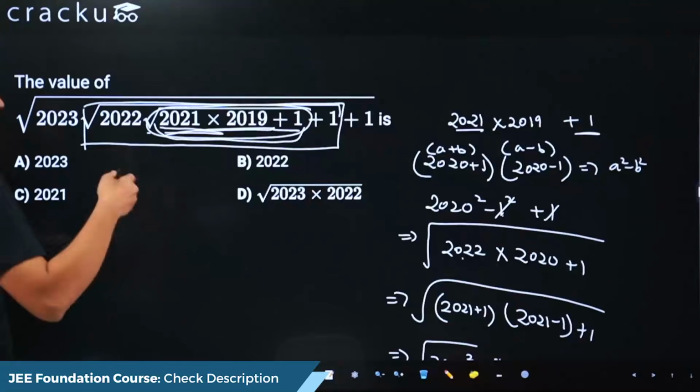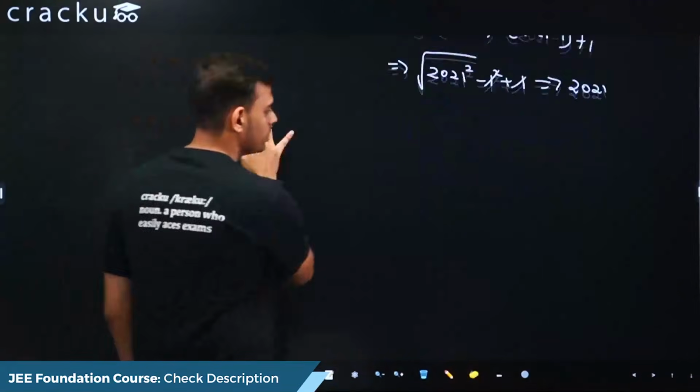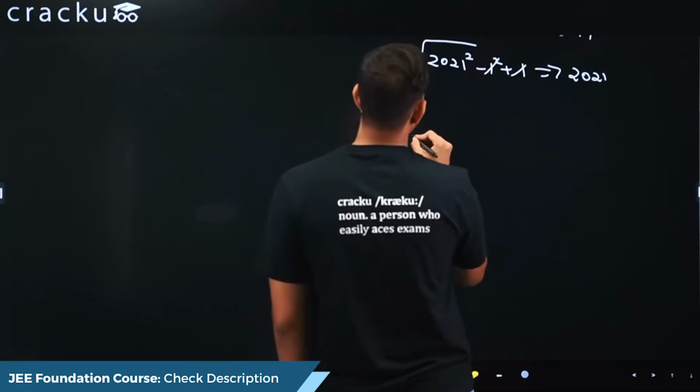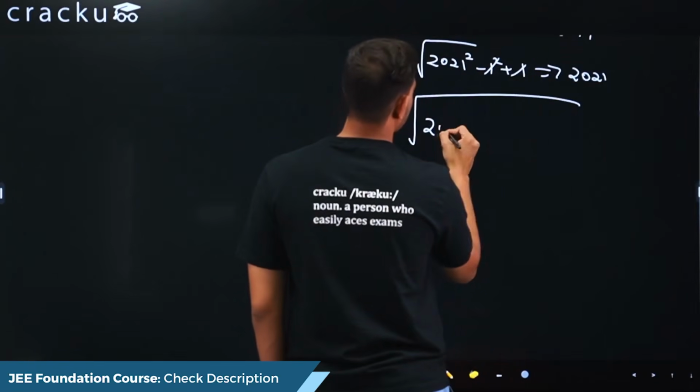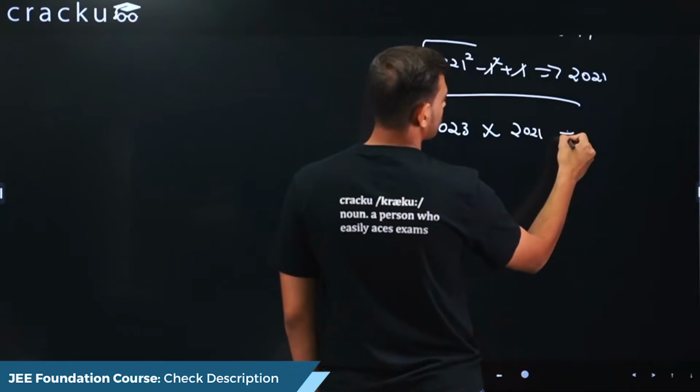Now I have to repeat the same procedure for this one last time. This will be root 2023 multiplied by 2021 plus 1.